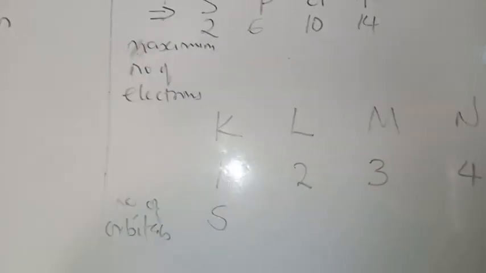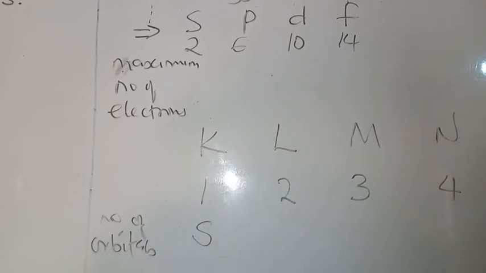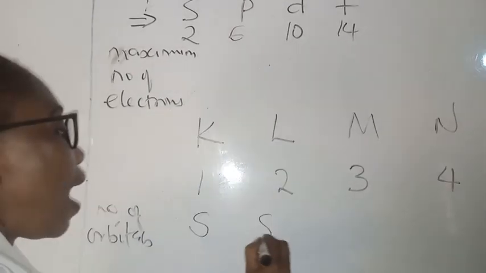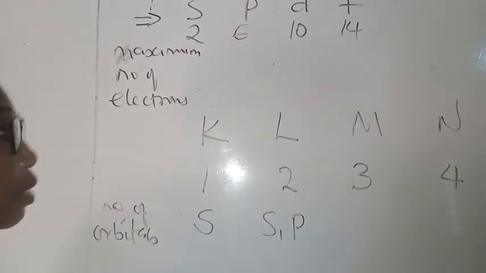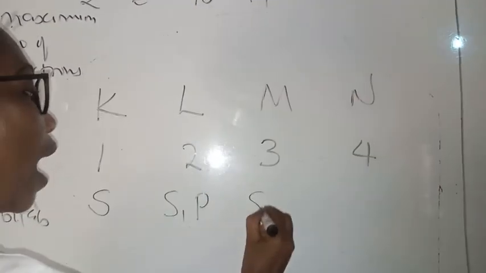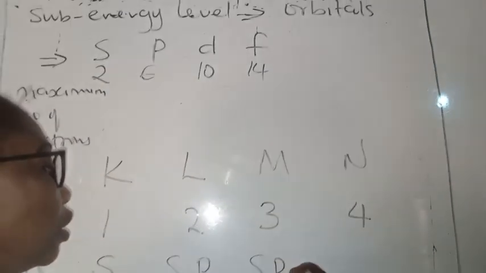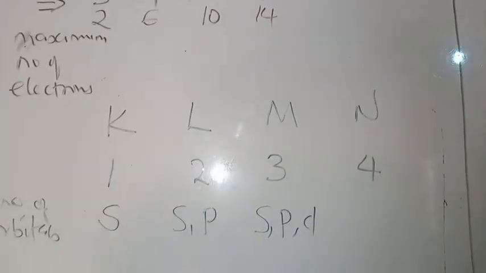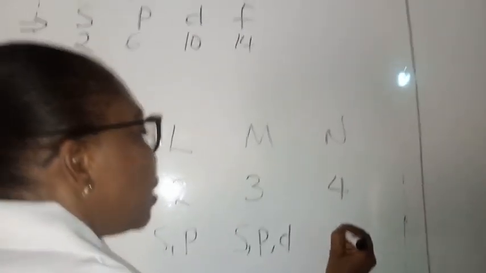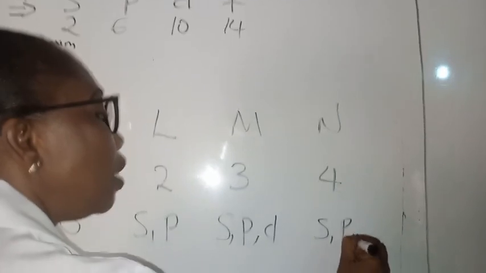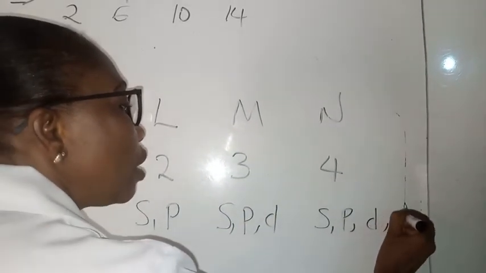L shell has 2 orbitals, s and p. M shell has 3 orbitals, s, p, d. N shell has 4 orbitals, s, p, d, f.